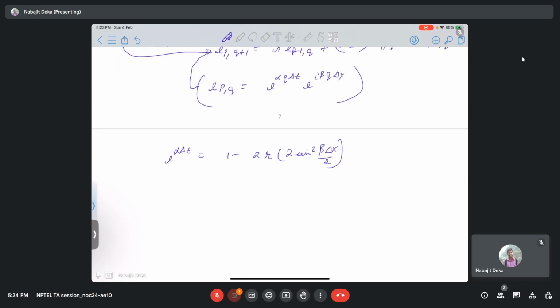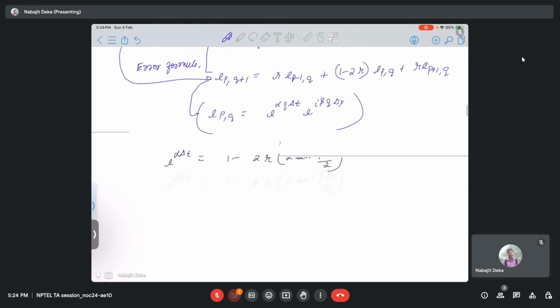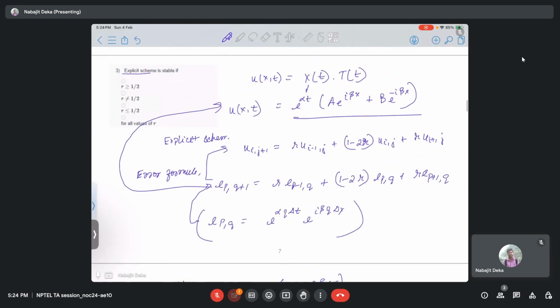So this is covered in lecture 7. I am just writing that thing. For more detailed calculation you can refer to lecture 7. So for the solutions, this error term should decrease.